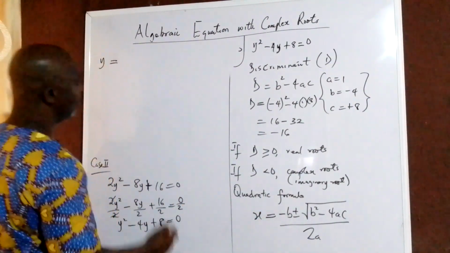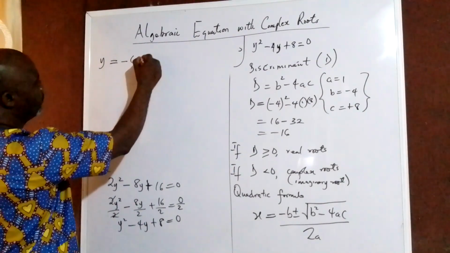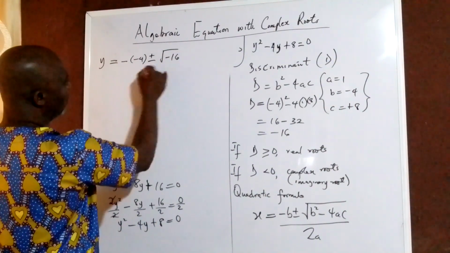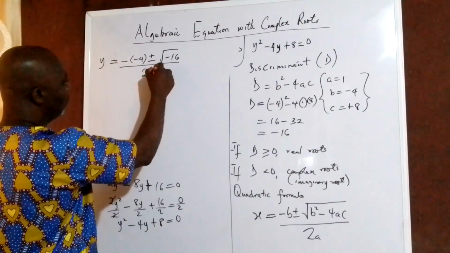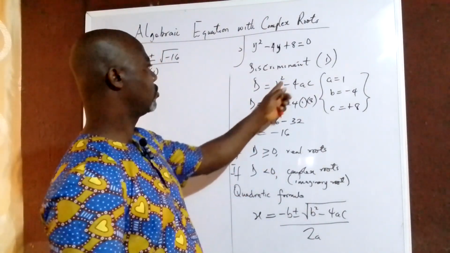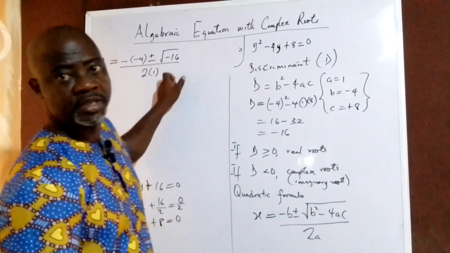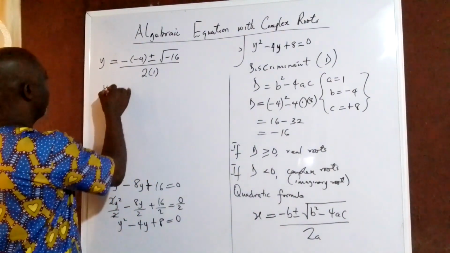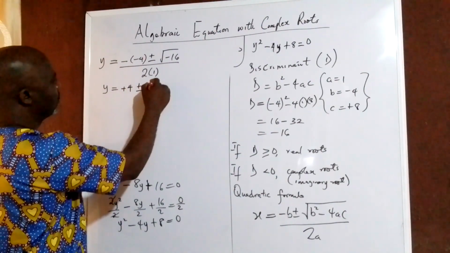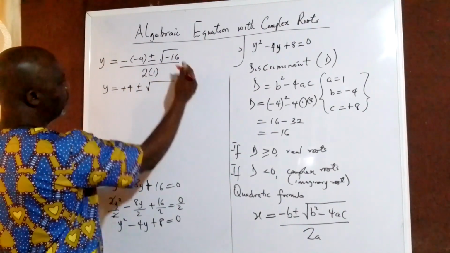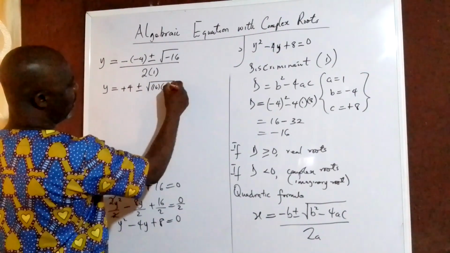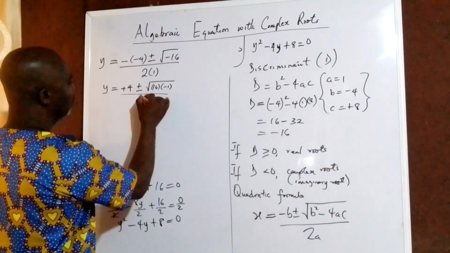And then of course we have our values: y equals minus minus 4, that is plus 4, plus or minus the square root of minus 16. We already have the value of the discriminant, which is b squared minus 4ac, so there's no point repeating it again. So we break up this minus 16 into 16 times minus 1, then over 2.